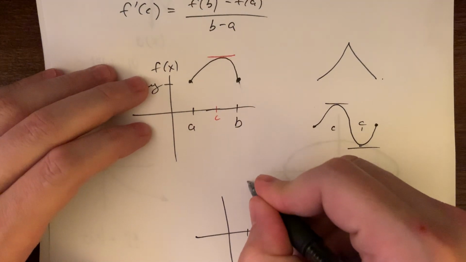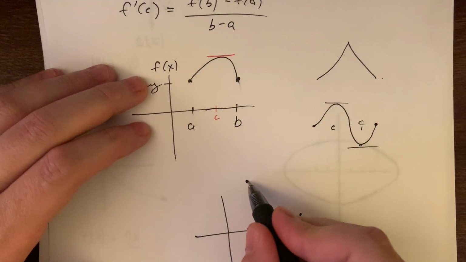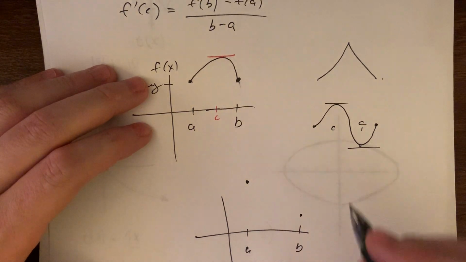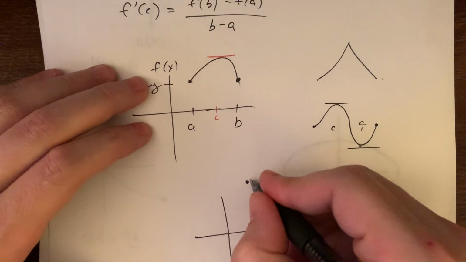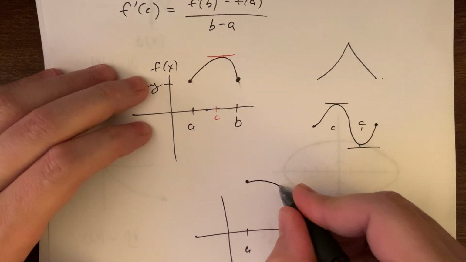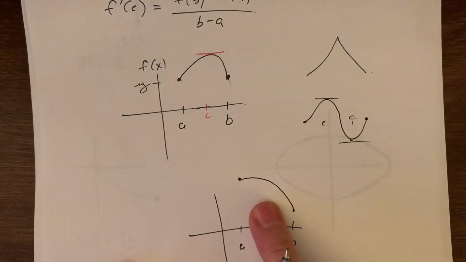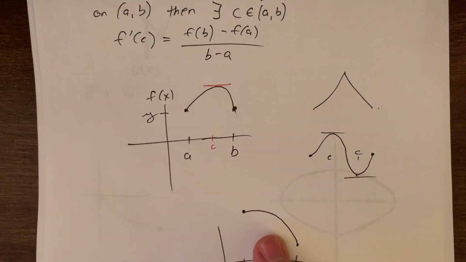So if f of a is up here, and f of b is down here, and whatever the graph does, again, smooth and connected to give us the continuity and differentiability that we need. So again, I'll keep it fairly simple. Let me just do something like this. So this graph satisfies the 2 conditions that we have with mean value theorem.